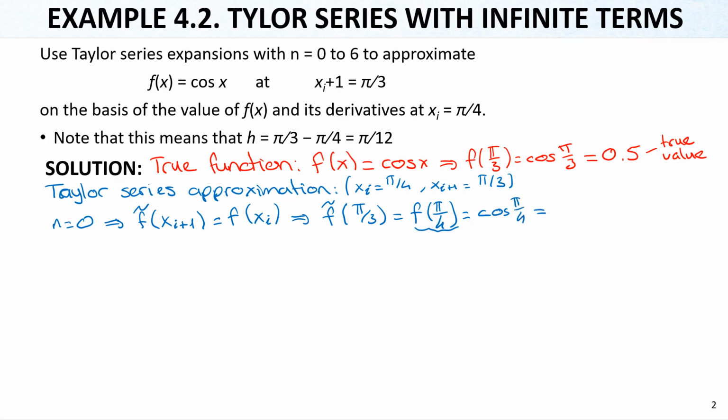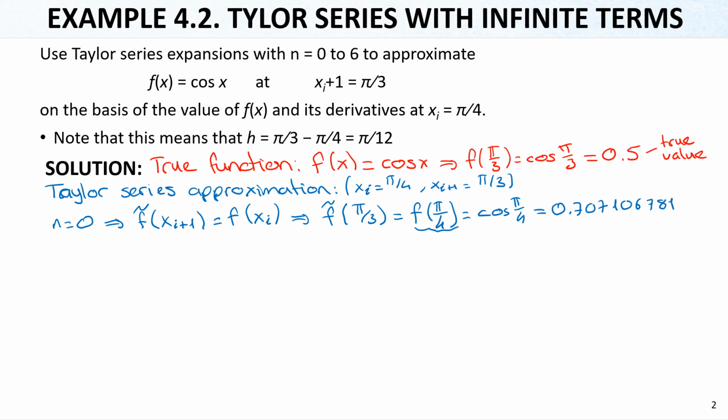And it gives us 0.707106781. I am using a long number, many digits after the point, because I don't want the round-off error to be greater than the truncation error. So I want to minimize the round-off error. That's why I'm using this many significant digits.